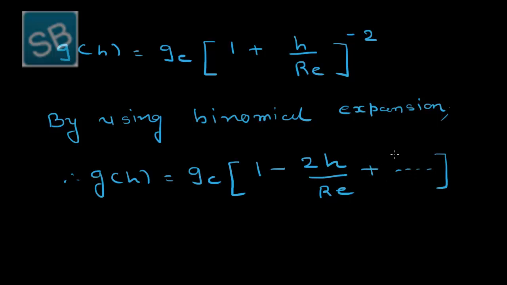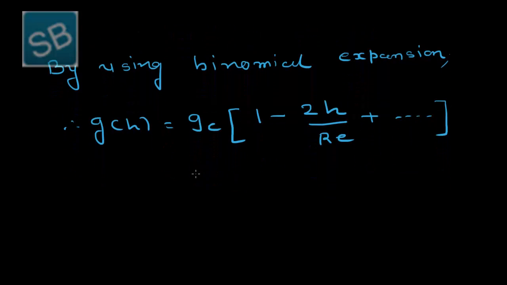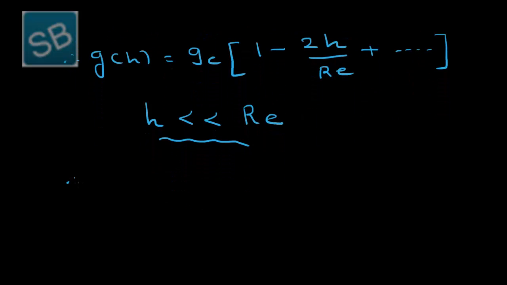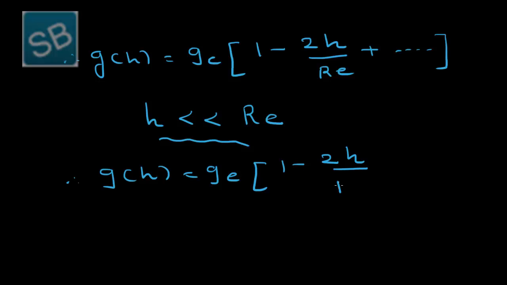But here, if you can see that the height is very less than that of Earth's radius, and therefore we can neglect the higher order terms in this particular equation. Therefore, we will get g_h is equal to g_E into 1 minus twice h over R_E, and that is your final equation number 6.